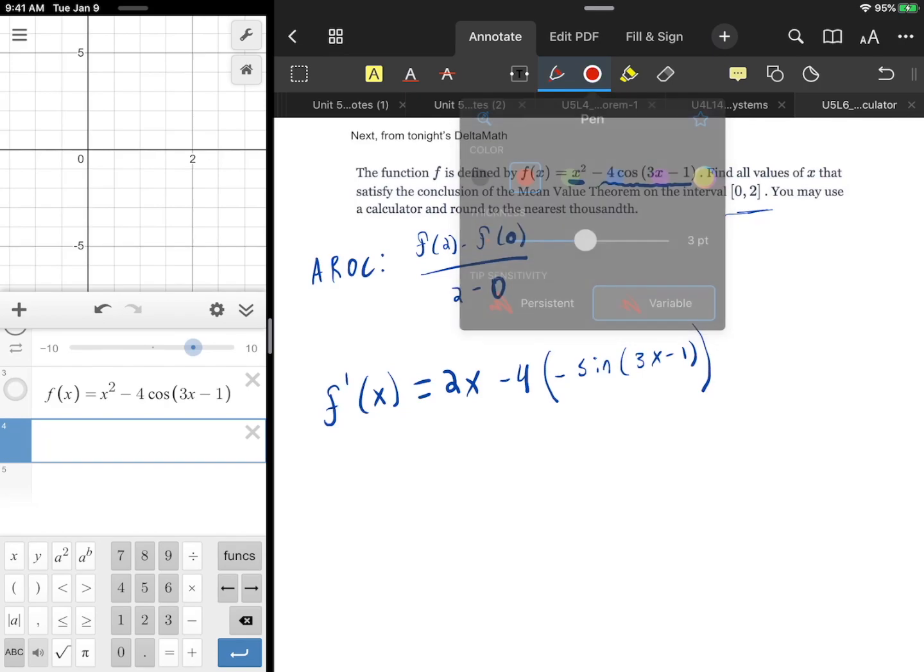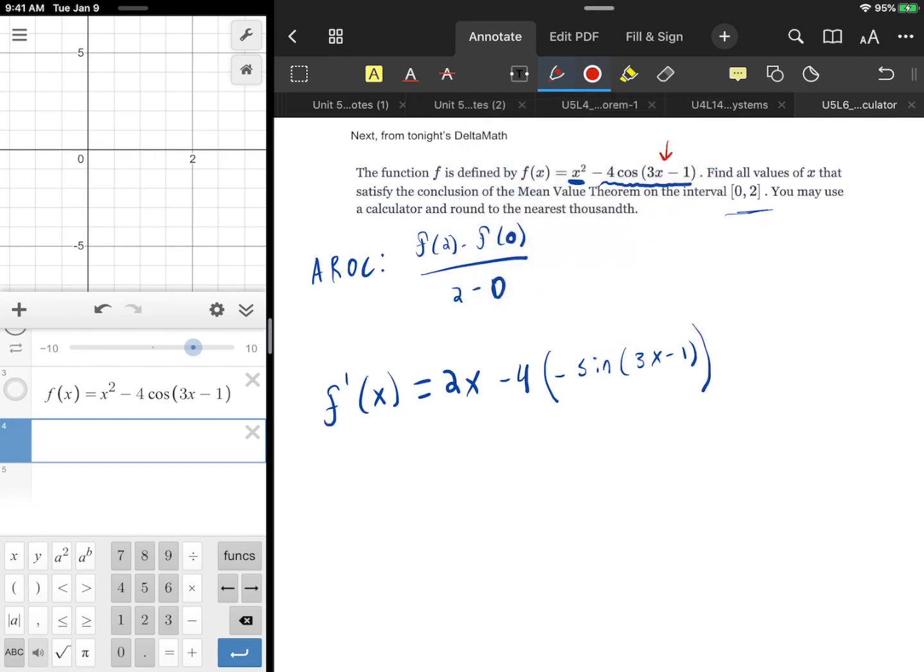Chain rule, right? This is a function inside a function. This 3x minus 1, you have to chain rule it times 3. So what we end up having here is negative 4 times negative 1 times this 3. That would be 2x plus 12 times the sine of 3x minus 1.